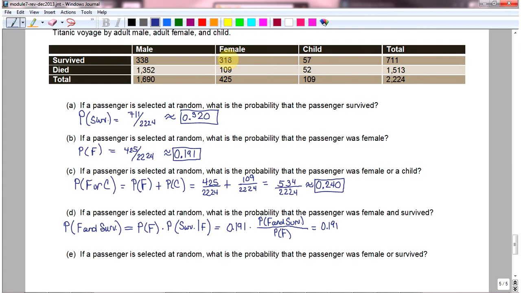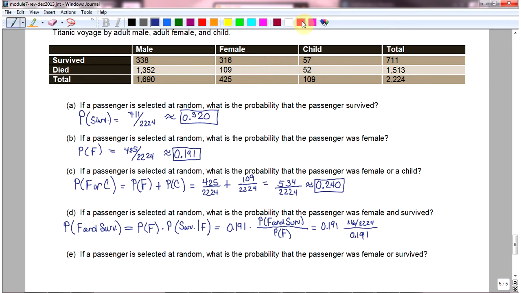Okay, so female survivors were 316 out of the total of 2224, divided by the probability that it was a female. Okay, well that was our 0.191.